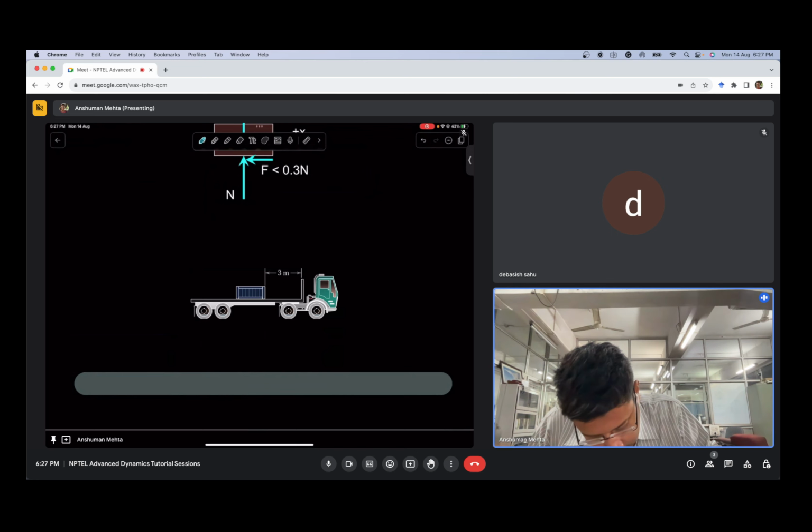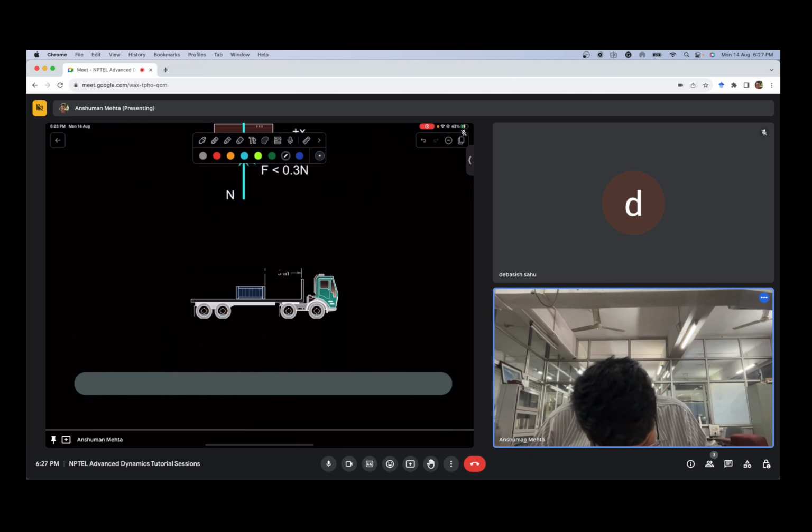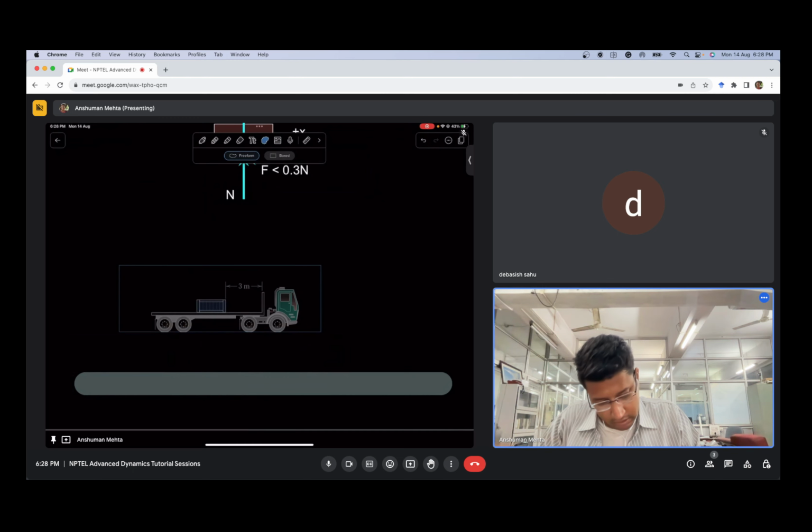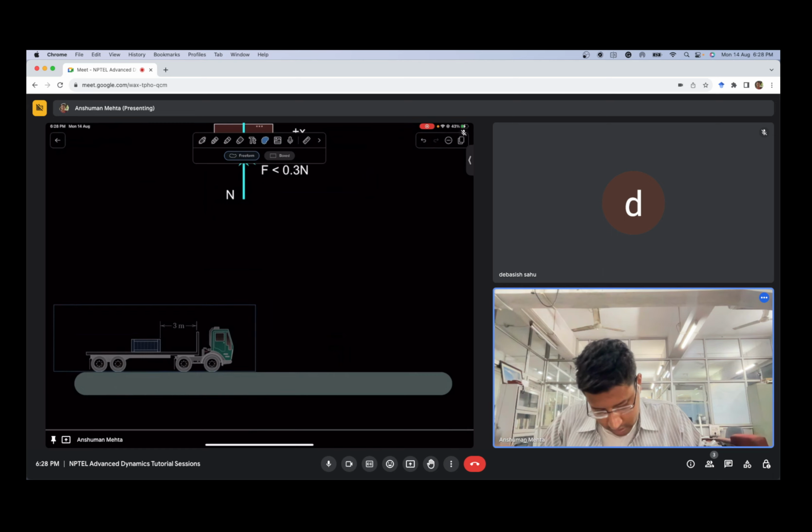Let me remove the markings. So this is a truck.